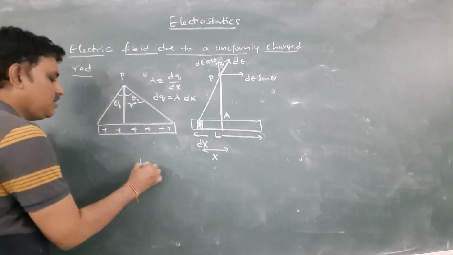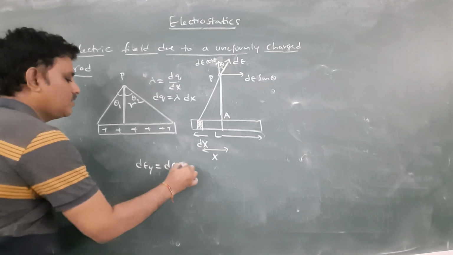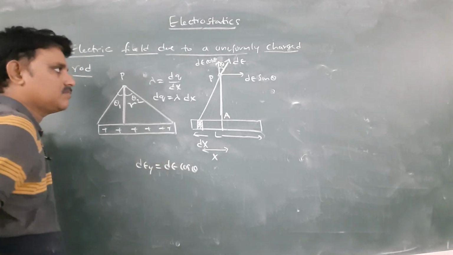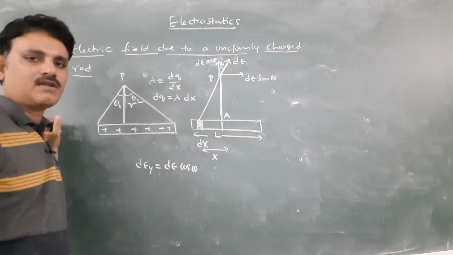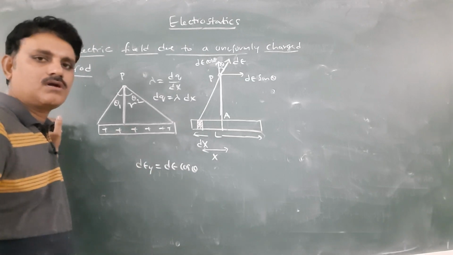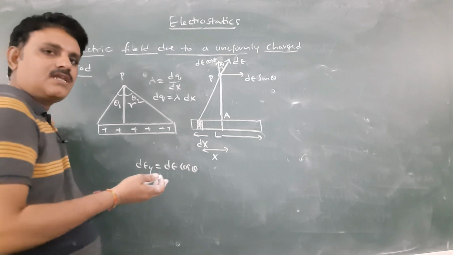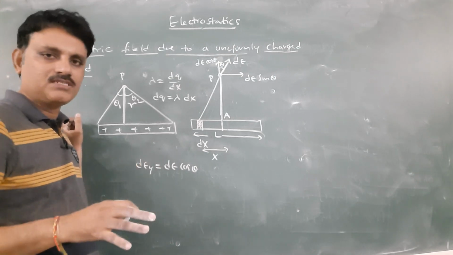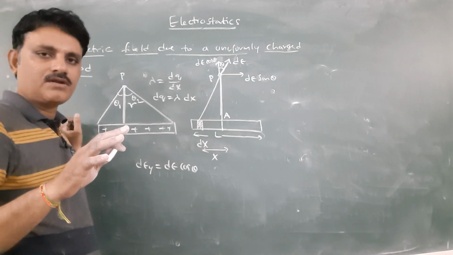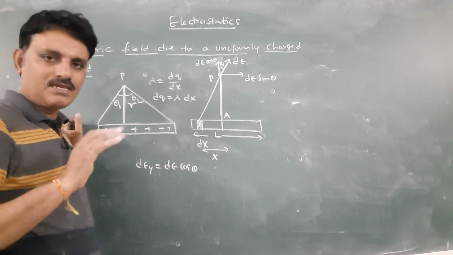So dEy is equal to dE cos theta. So what is electric field E? If you calculate Ex and Ey, then electric field E is equal to root of Ex square plus Ey square. So our aim is to calculate the two components Ey and Ex.